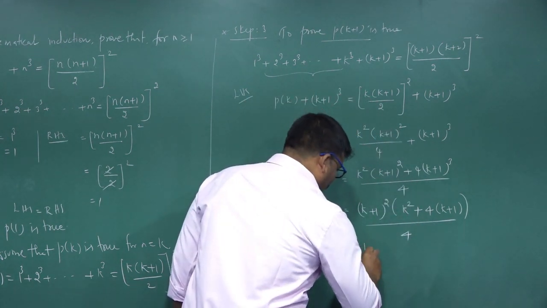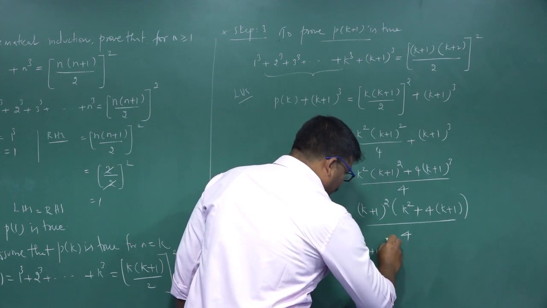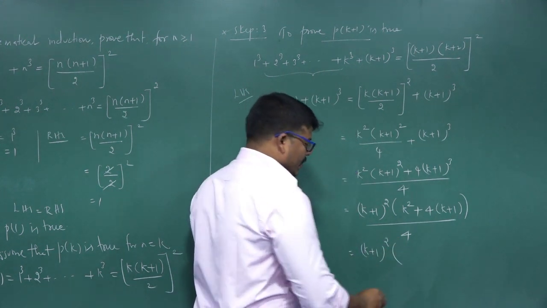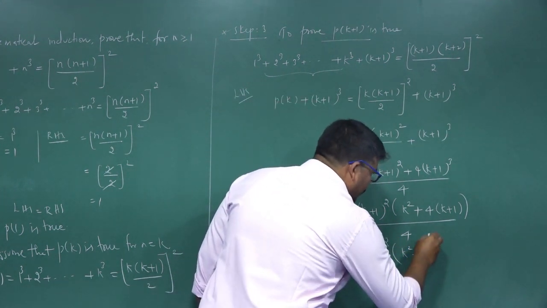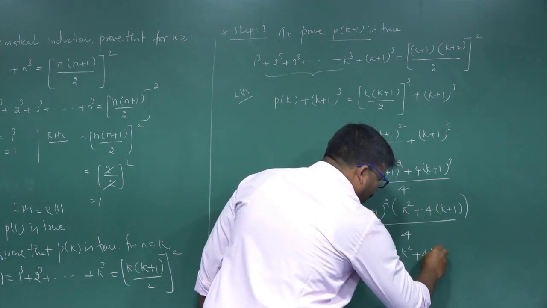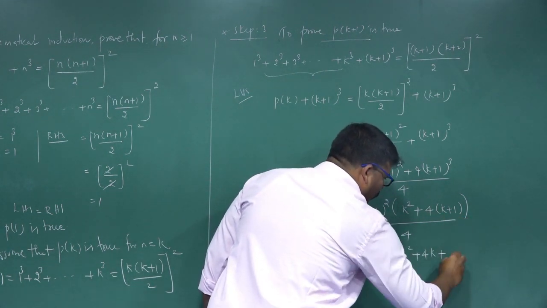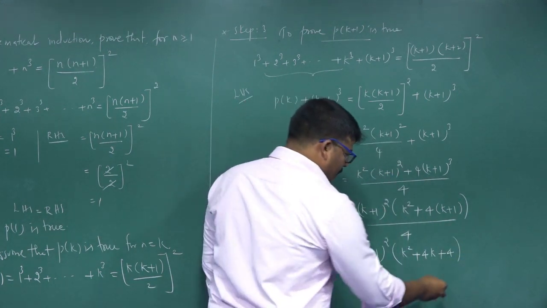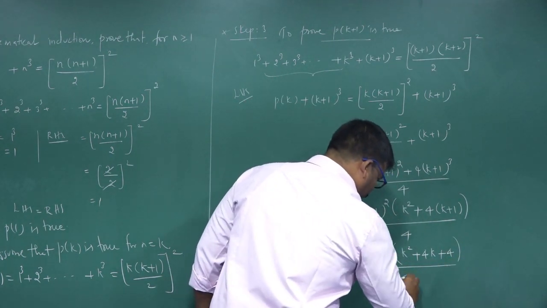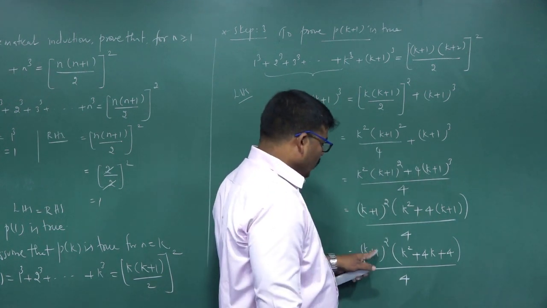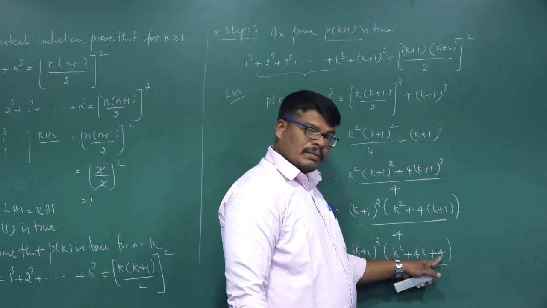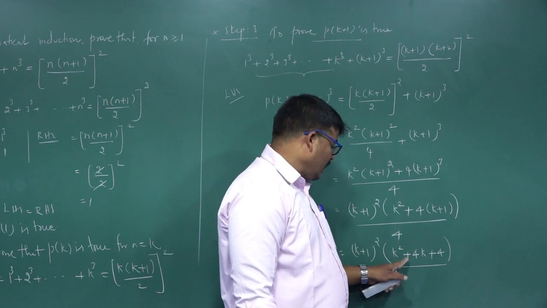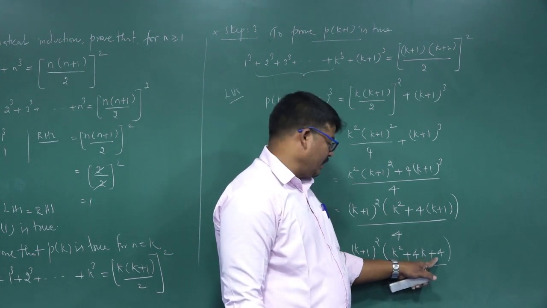That is equal to k plus 1 whole square into k square plus, multiplying by 4, 4k plus 4, by 4. k plus 1 whole square, k square plus 4k plus 4. That is k square plus 4k plus 4, the quadratic equation.